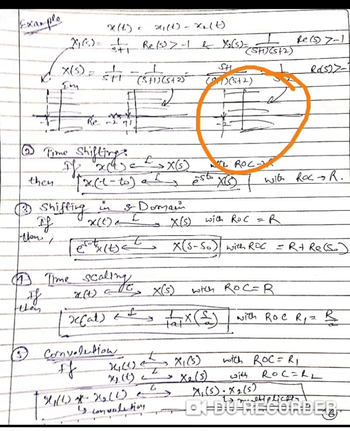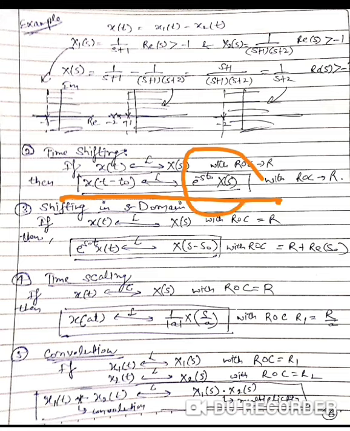Now the second property is time shifting. If we apply the shifting in time domain, that is t minus t naught, what would happen to the Laplace transform of the signal x(t)? We get a term e raised to power minus s t naught into X(s), where X(s) is the Laplace transform of x(t).